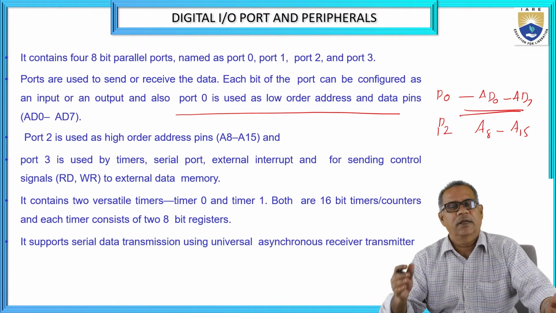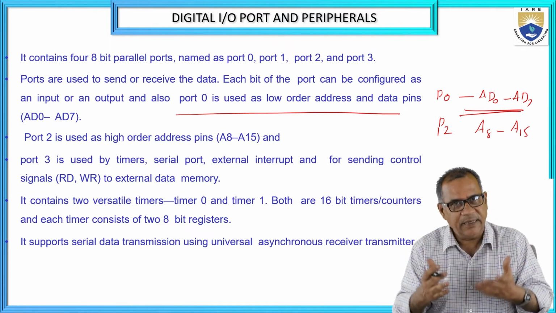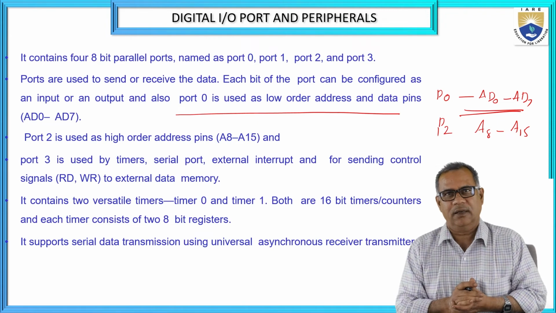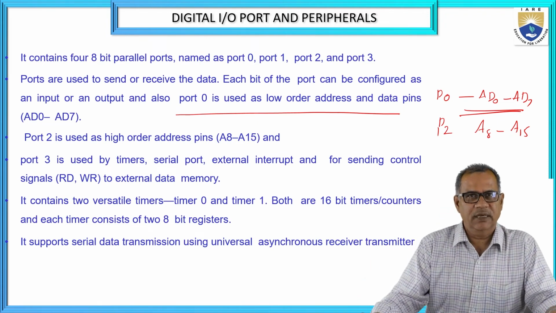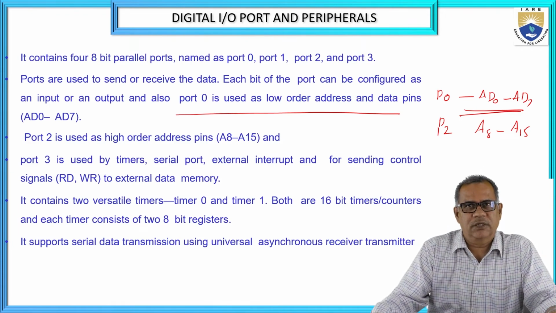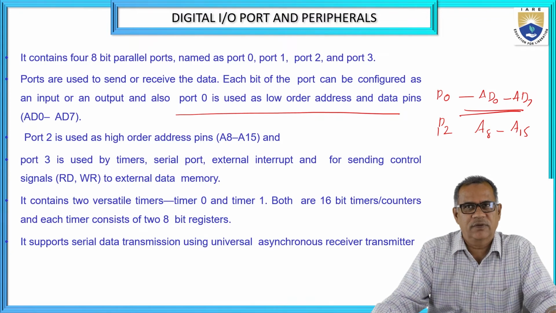In timer mode, the clock pulse comes from the internal clock, whereas in counter mode, the clock pulse comes from the external source. It also supports serial data transmission using the universal asynchronous receiver transmitter.